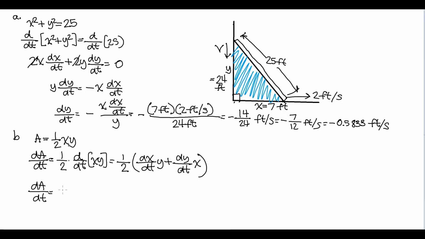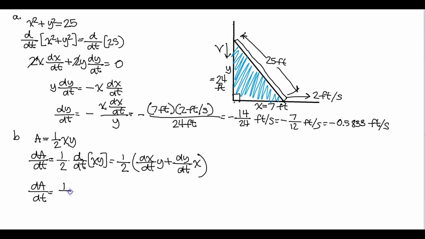So all we have to do is plug in values. We're still talking about when x is 7 feet. The base is 7 feet from the wall, so we use the exact same values for x and y, and also the exact same values for dx/dt and dy/dt.